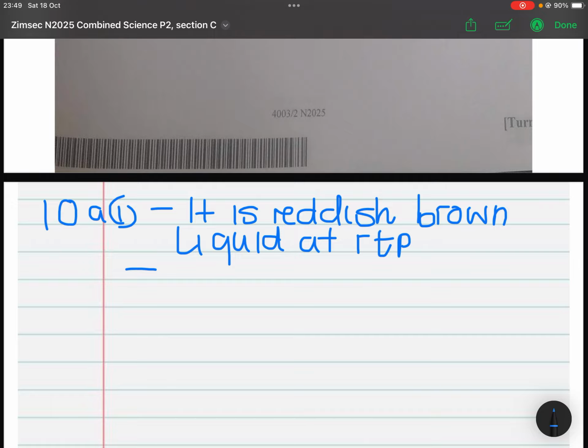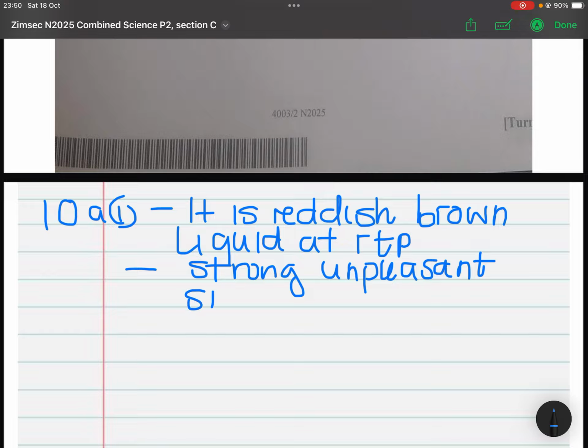Another property is that it has a strong and pleasant smell. This is one of the characteristics of bromine.